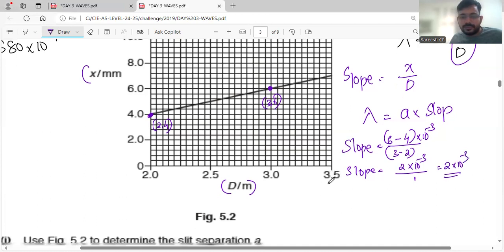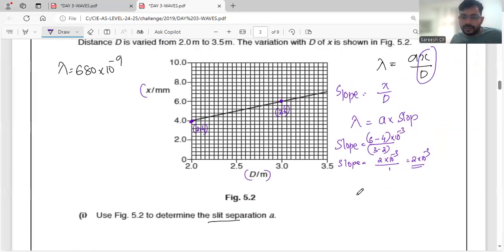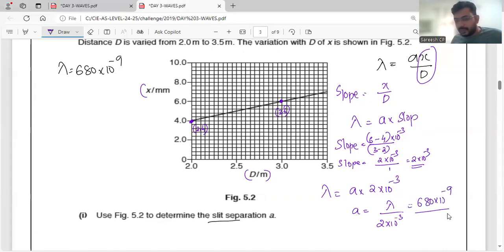As they are asking for slit separation A, I'm going to write lambda. So lambda is equal to A times 2 times 10 to the power minus 3, which is the slope. So A equals lambda divided by 2 times 10 to the power minus 3, which is 680 times 10 to the power minus 9 divided by 2 times 10 to the power minus 3.